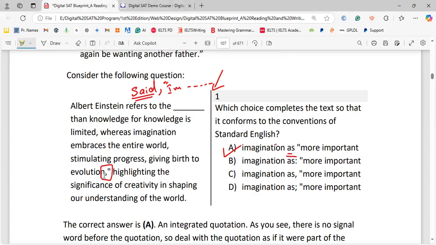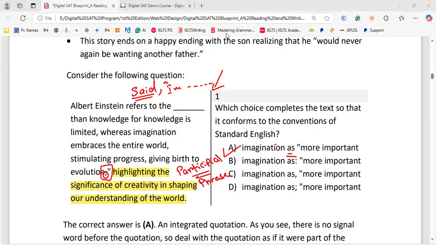So here, because we said before that this is a participial phrase, highlighting the significance of creativity in shaping our understanding of the world. This is a participial phrase, a final participial phrase. And as long as we have a final participial phrase, we need to set it off from the independent clause with a comma. Okay? Any other questions? Is that clear? So please confirm. Any other questions, guys?